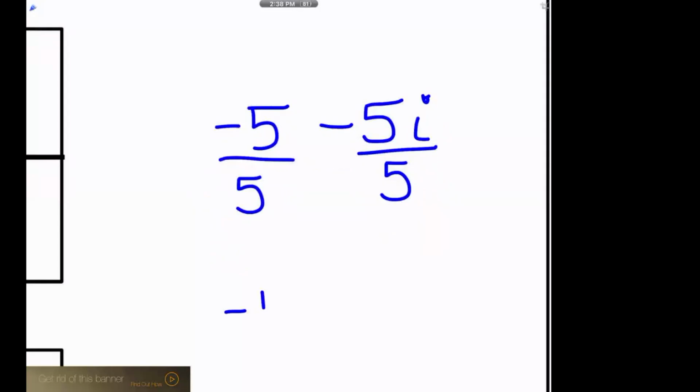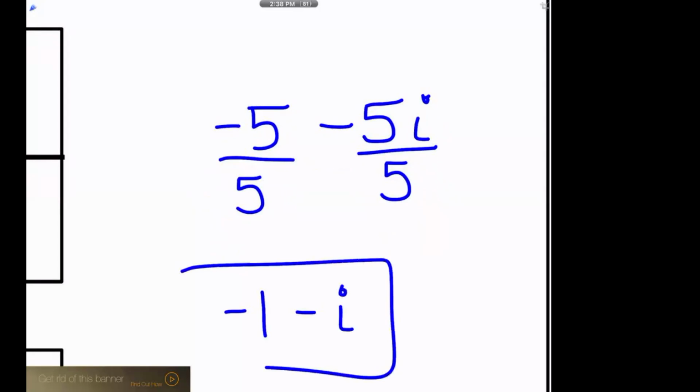Negative 5 divided by 5 is negative 1. And then negative 5i divided by 5 is going to give you minus 1i or minus i. So this one simplifies a lot further than that last one did. So your final answer is negative 1 minus 1i or just minus i.